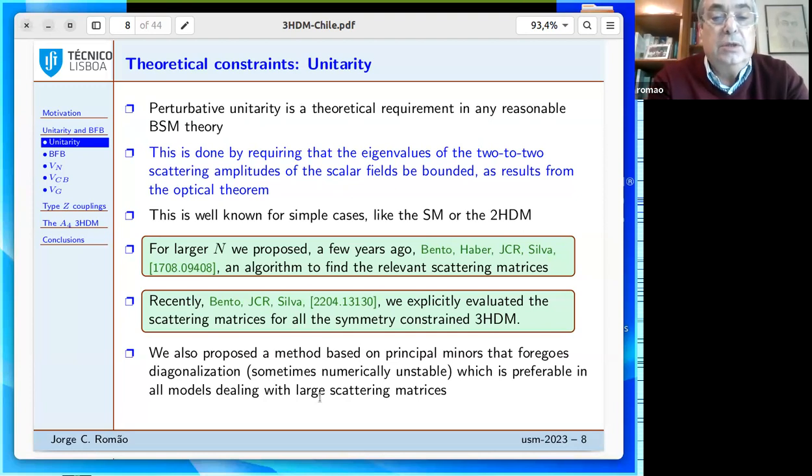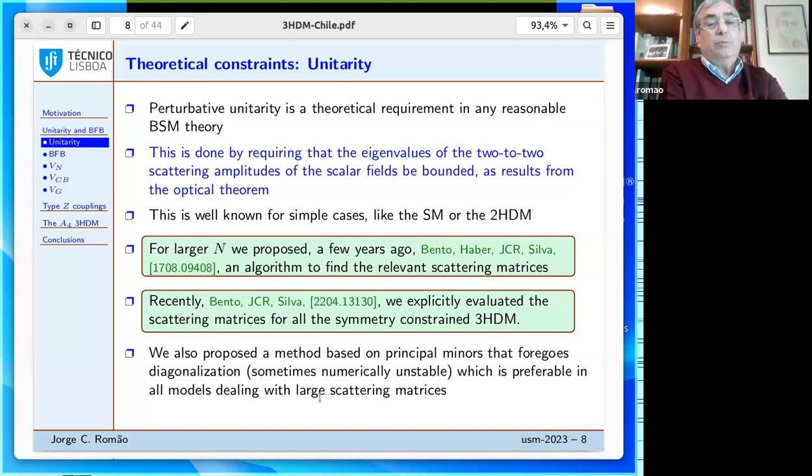The idea is that you have to find the eigenvalues of these scattering amplitudes, and you bound them by 8 pi. That's essentially what comes from the optical theorem. But sometimes these scattering matrices are very large, then you have to numerically diagonalize them, and sometimes you have numerical problems.